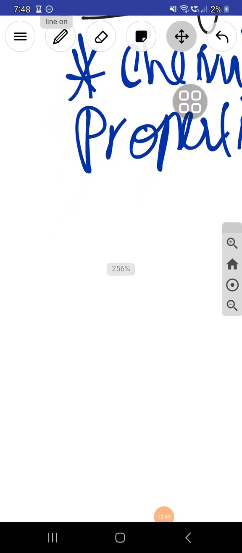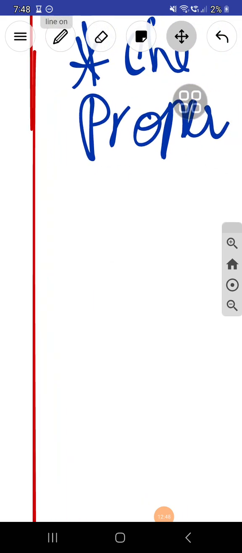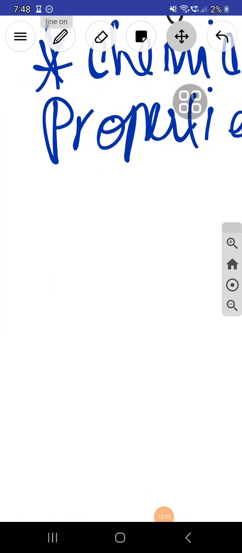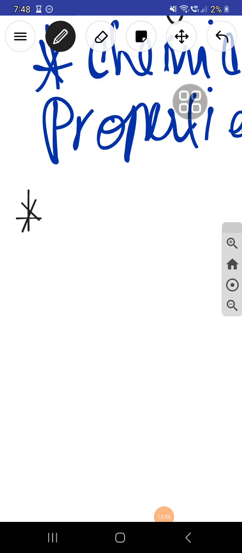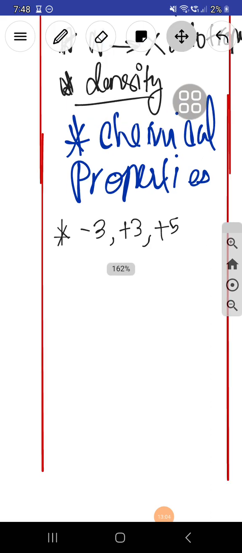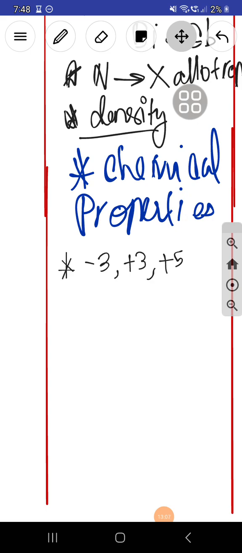So the chemical properties that we have to learn here, the first one is the common oxidation state. The common oxidation states include -3, +3, and +5.